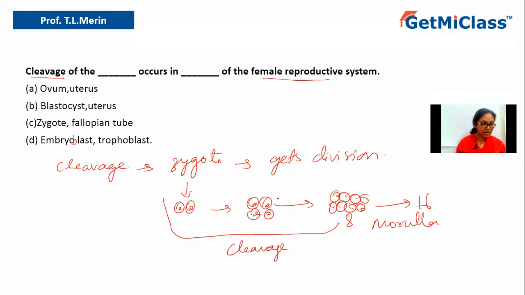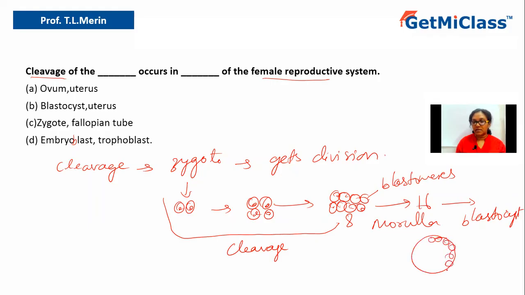Here the individual units are called blastomeres. Further, this will get converted into something called the blastocyst. During blastocyst formation, there is movement of the cells, and also differentiation in the mass of cells, because till here it is just a mass of cells.